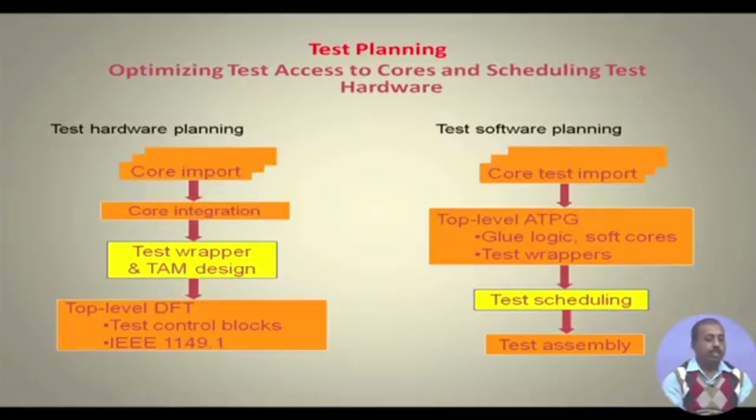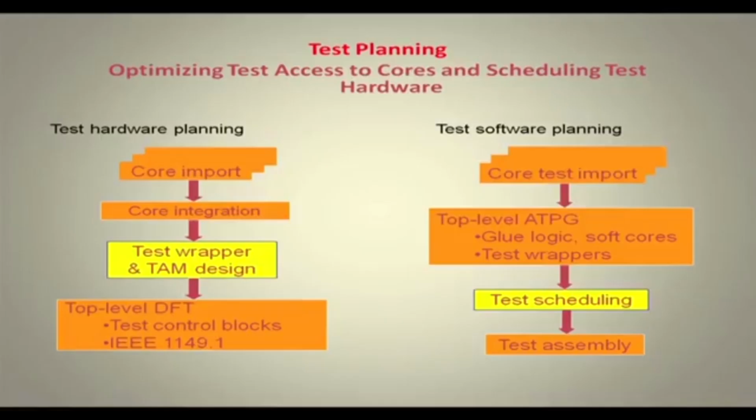Glue logic is the portion which is extra small logic that is added for making the functionality of the chip complete. Maybe this requires some translation of data from one format to another format, or some extra small logic to be added inside the design to make the design complete. So, that is the glue logic, but for testing this glue logic we have to apply test patterns. To know what the test pattern is for testing this glue logic, we have to take help of some ATPG.